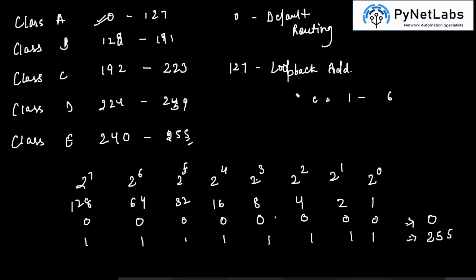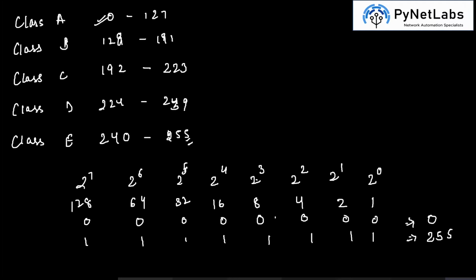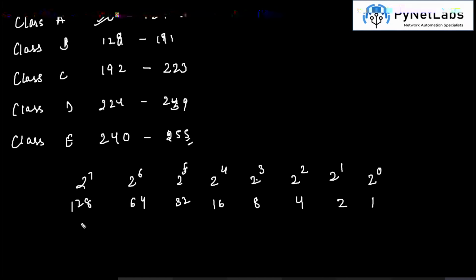But before that, let's understand how we can remember the class ranges of class A, B, C, and D. If you look at the very first range, from 0 to 127, to memorize this you can keep in mind that for class B, you have to just turn on the first bit.